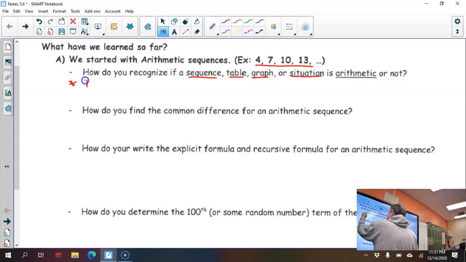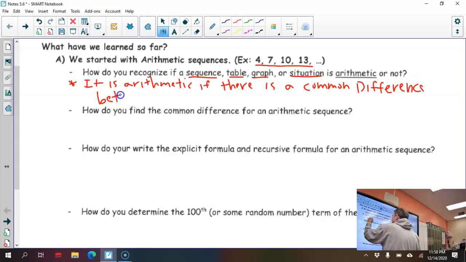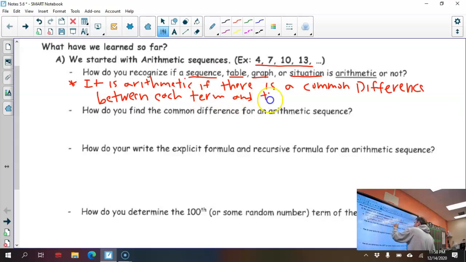And the answer is, it is arithmetic if there is a common difference between each term and the next term. All right.